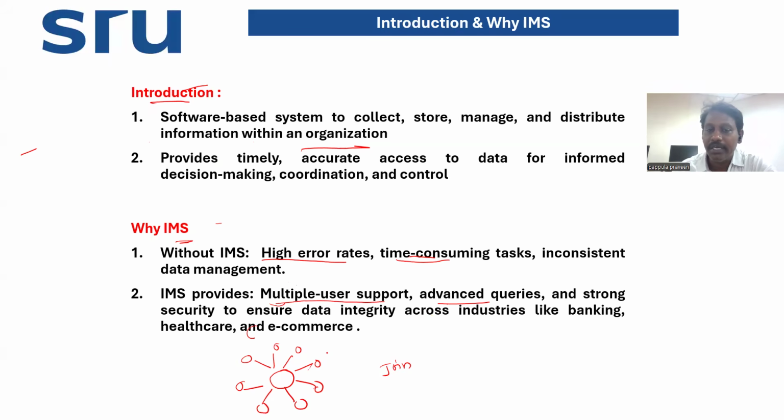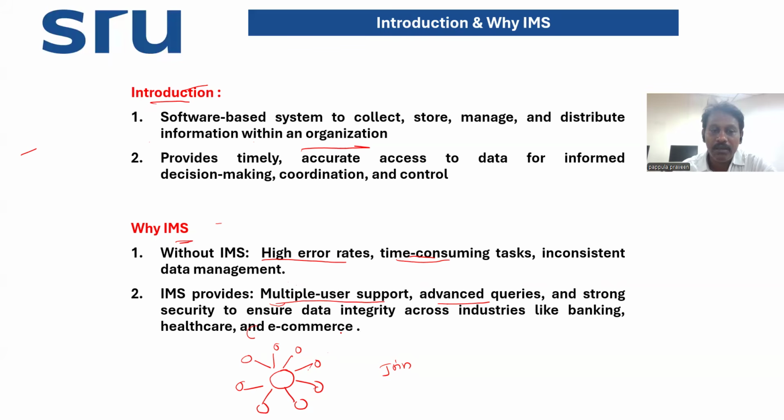So, integrity constraints. Integrity is important for accessing the data in various fields like banking, healthcare, and e-commerce. These are the main reasons for using the IMS, information management system.